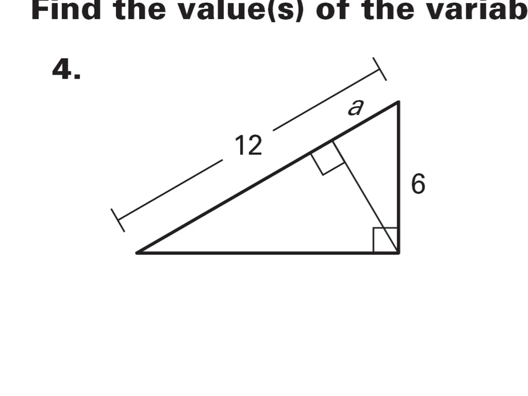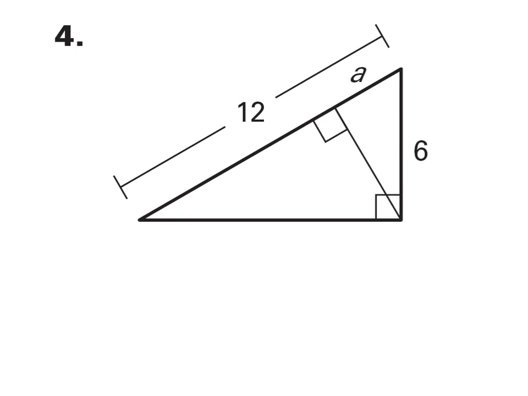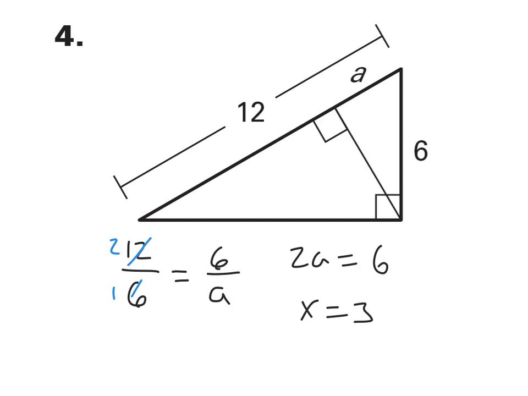So following my theorem, the hypotenuse corresponds to the leg in the same way that the leg corresponds to the adjacent segment of the hypotenuse. I can simplify this down: 2a equals 6, so a must equal 3.